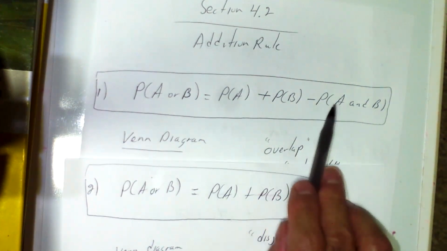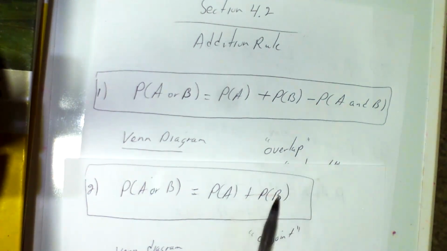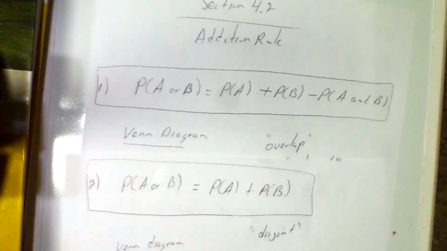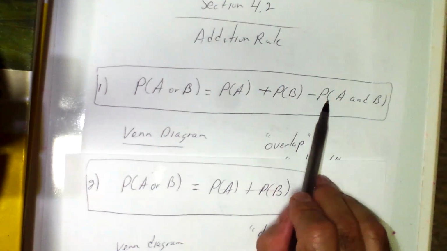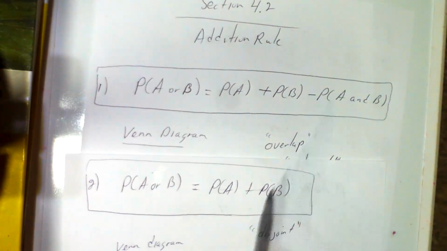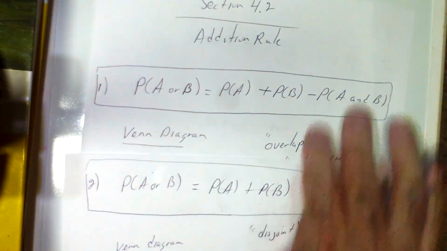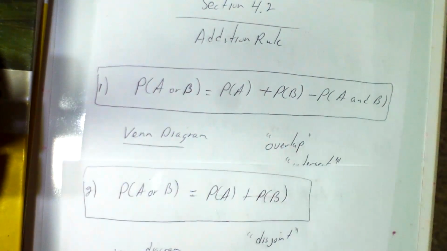This is because they overlap. You're deducting the part where they intersect. This one didn't have it, so it shouldn't have an extra feature. So in this one, you deduct the intersection because they overlap, and this one doesn't. This one's disjoint. Okay. All right.